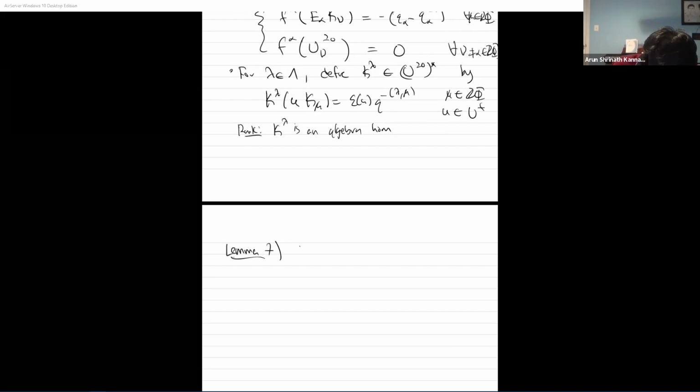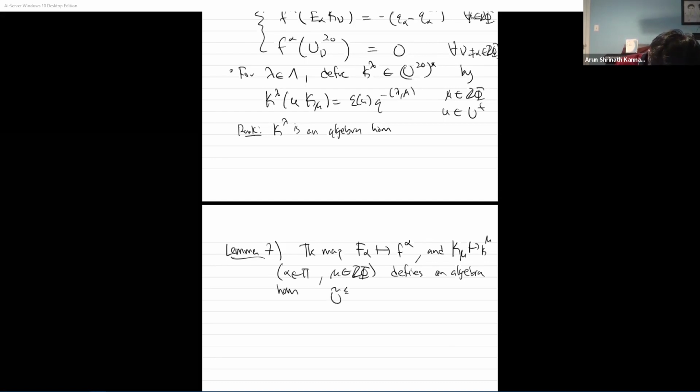So the map f alpha maps to f alpha, and k mu maps to k mu, alpha simple and mu in the root lattice, defines an algebra homomorphism from u twiddle less than or equal to 0 to u greater than or equal to 0.